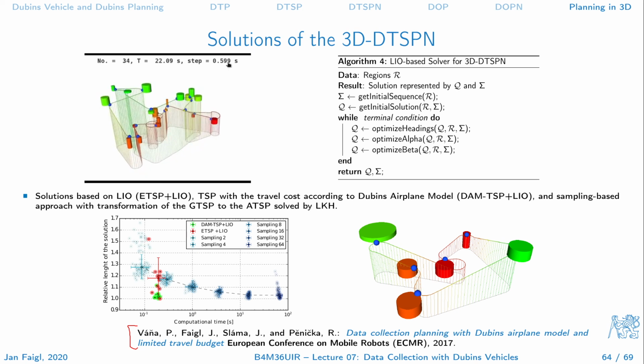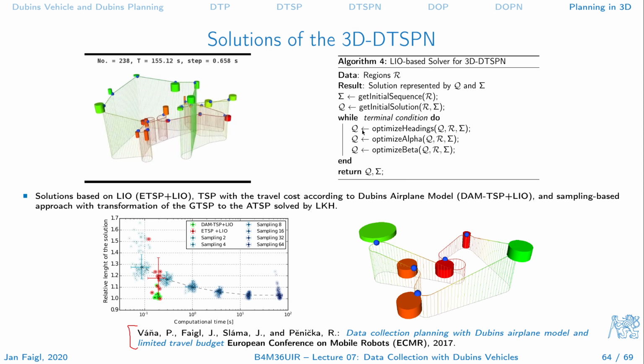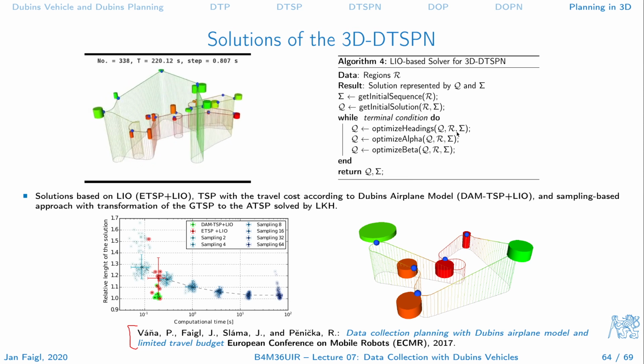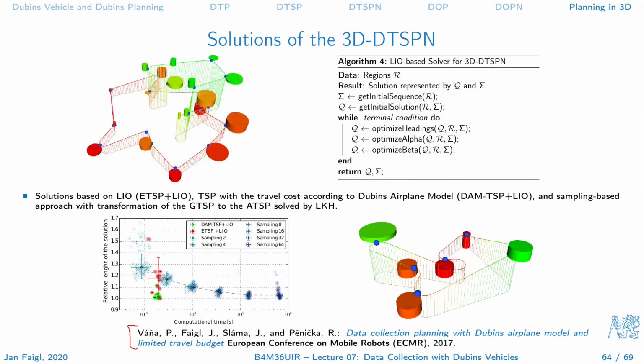Of course, it depends on the mutual distance and so on. But these provide you some ideas how these problems can be extended for this type of aircraft, fixed-wing aircraft.